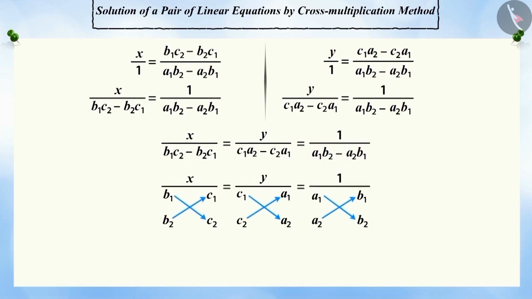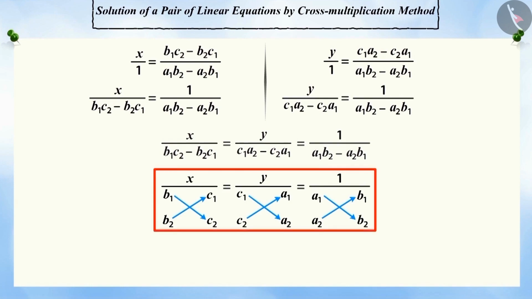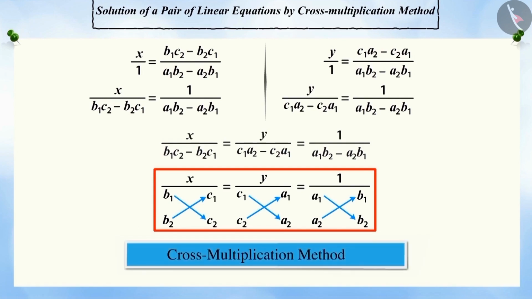This conclusion could be remembered by this method also. The arrows between the two numbers tell us that after multiplying them, we subtract the second product from the first. As this method involves cross multiplication of numbers, it is called solving the equations by cross multiplication method.